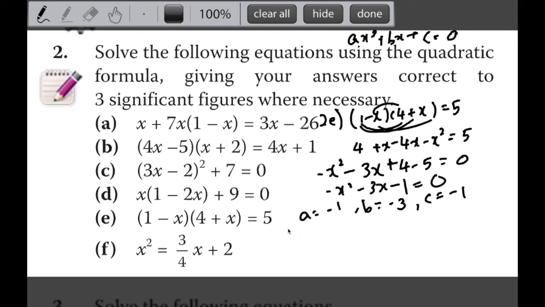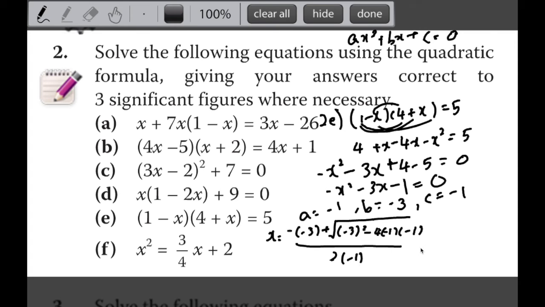So back to my formula, x equals negative b plus square root of b squared minus 4ac over 2a, or x equals negative b minus square root of b squared minus 4ac over 2a.